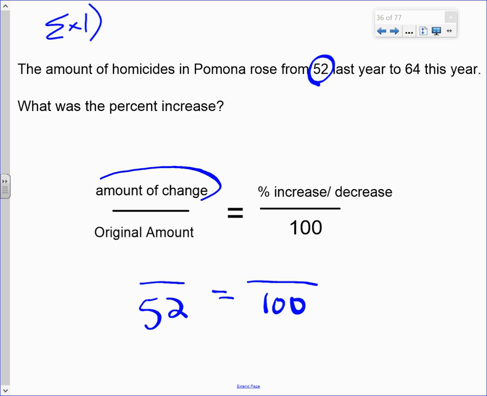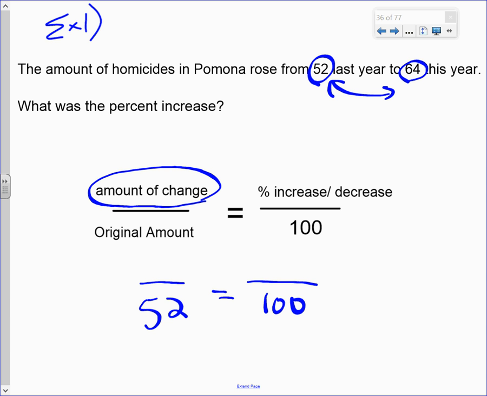The amount of change means the change from the old amount of homicides to the new amount of homicides. So what's the amount of change from here to here? Remember when we did slope? We know how to find the change between two numbers. How do you find delta?